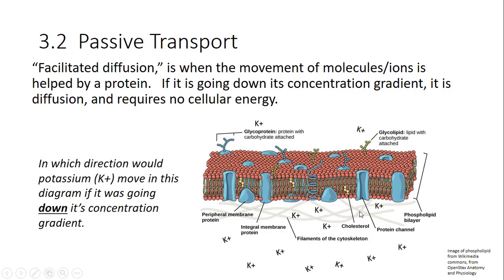So, looking at this diagram, in which direction do you think potassium would move if it was going down its concentration gradient? There's a little bit of a trick here. So look at the diagram carefully and then tell me how potassium ions, those are the K+ ions, would move if they were going down their concentration gradient.